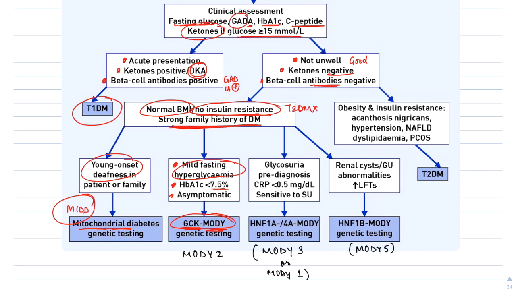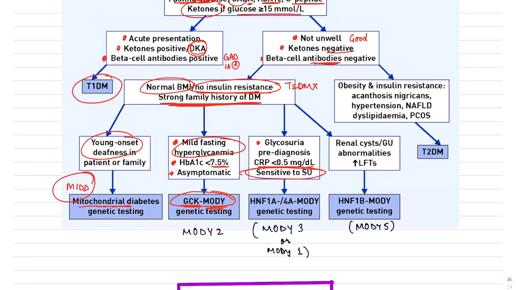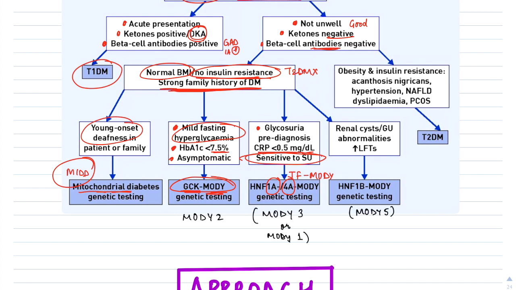The patient with strong family history, with glycosuria, and with a CRP of less than 0.5 milligram per deciliter, but sensitive to sulfonylureas, will be classified as the transcription factor type of MODY, that is mutations in the hepatocyte nuclear transcription factor, either 1 alpha or 4 alpha or 1 beta, causing various types of MODY.